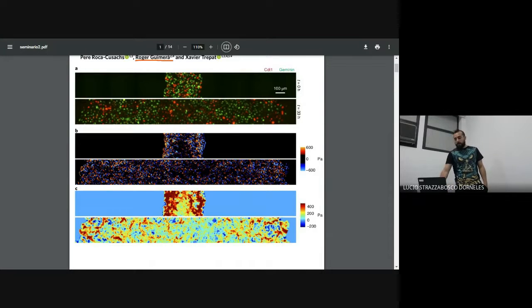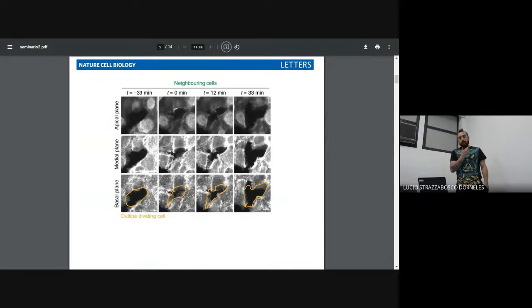What is this? Here we have a zoom in on this group of cells, and here we have the neighbor cells of one cell that was being divided. So this cell was passing through mitosis.